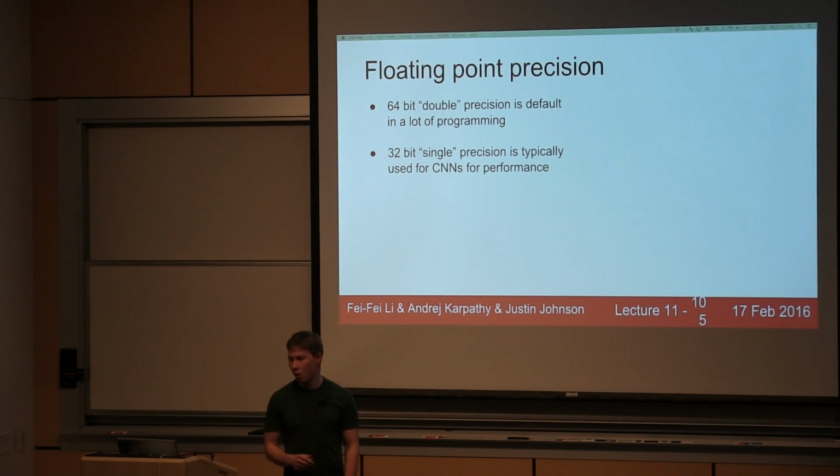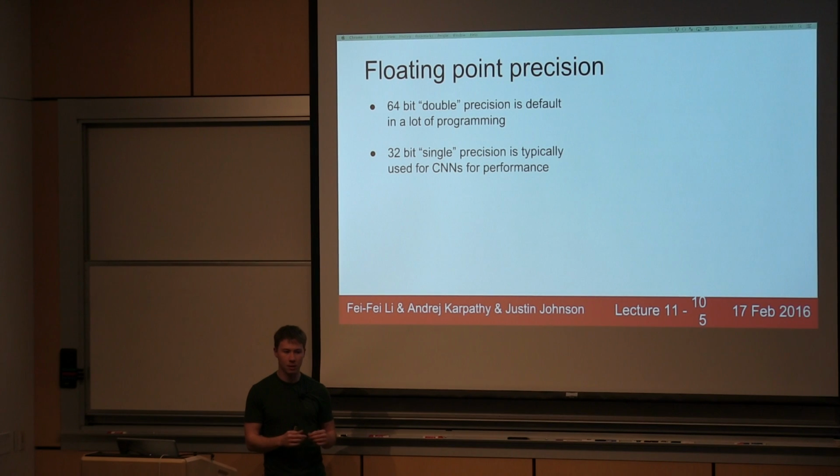More commonly used for deep learning is single precision, which is only 32 bits. The idea is that if each number takes fewer bits, then you can store more of those numbers within the same amount of memory. So that's good. And also with fewer bits, you need less compute to operate on those numbers. So in general, we would like to have smaller data types because they're faster to compute and they use less memory.